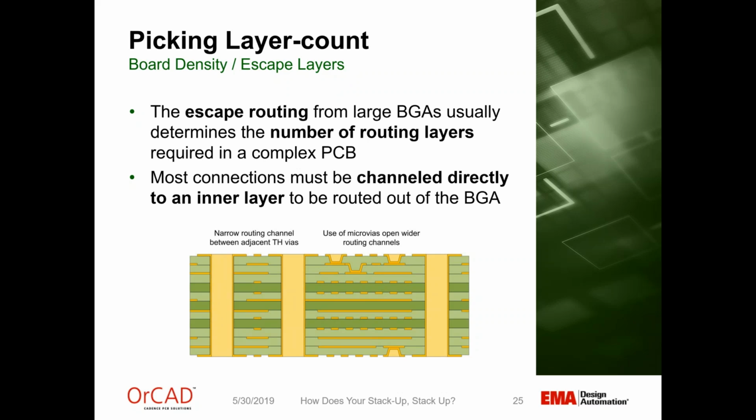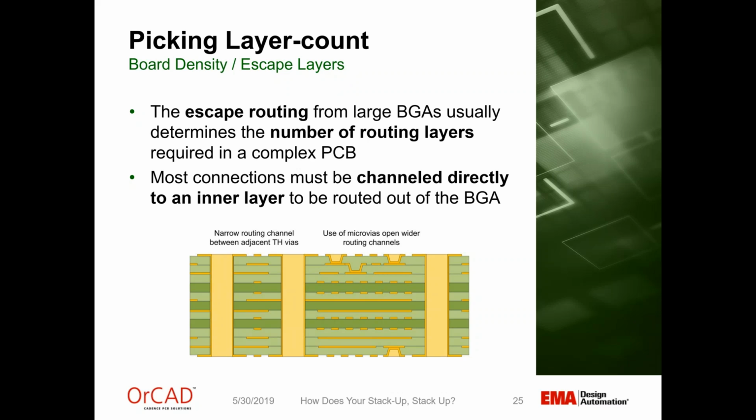If you're using blind and buried vias, that might give you more accessibility into the middle, and also what type of vias you can use and how big they can be. And that again depends on your layer stack up. We'll talk about that in a bit when we get to aspect ratio as well. But lots of things to consider and all kind of tie together when we're considering how many layers to use in our design.